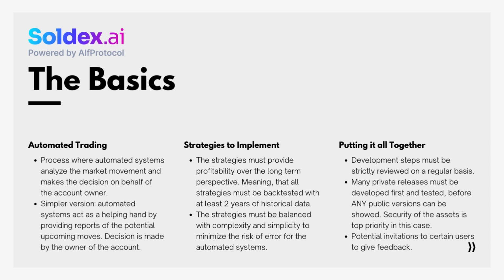Simply enable the trading, choose the strategy, and wait and see the performance. The simpler version of such a trading system would be where the automated systems act as a helping hand by providing certain reports and signals of potentially upcoming market moves. But the decision is then made by the owner of the account.